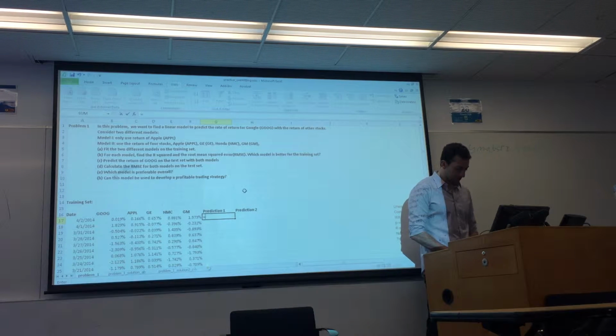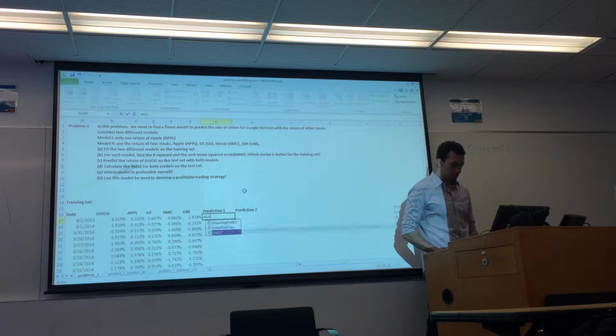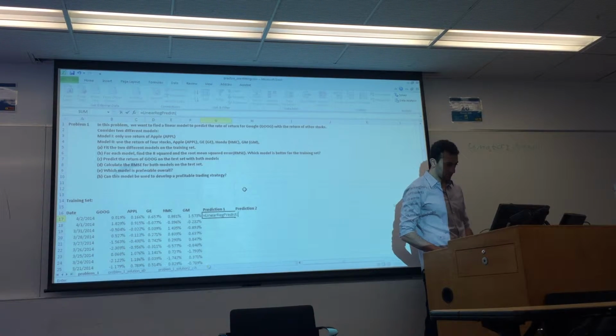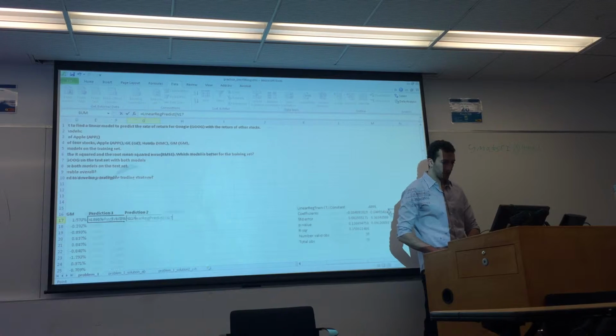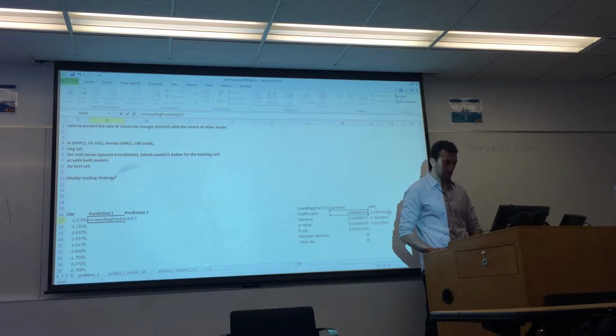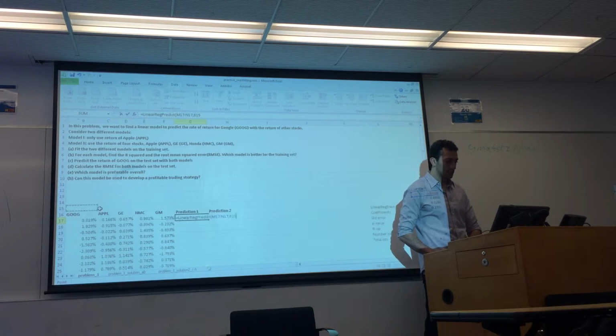For prediction 1, I will use linear reg predict. And again, we already know how to use it. The first variable is the model. The second variable, remember, is just Apple.